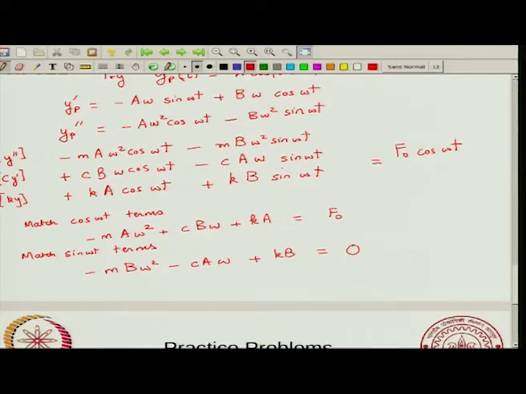If you look at it carefully, you want to determine a and b. These are two linear equations, and from these you can determine a and b.